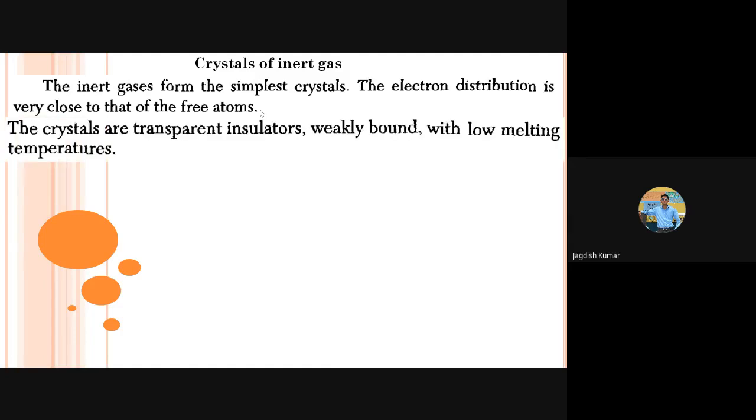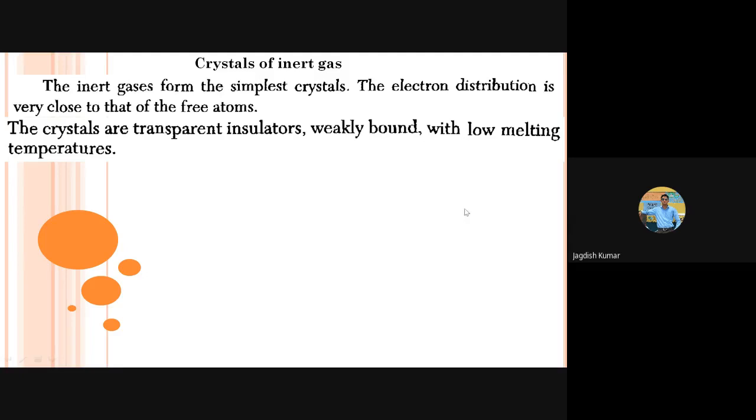Some of their properties are that these are transparent insulators. They are insulating, with no conduction. Transparent means optically there is no absorption, and they are very weakly bound. Obviously, the bonds are not going to be very strong because they are neither covalent, nor ionic, nor metallic bonds.